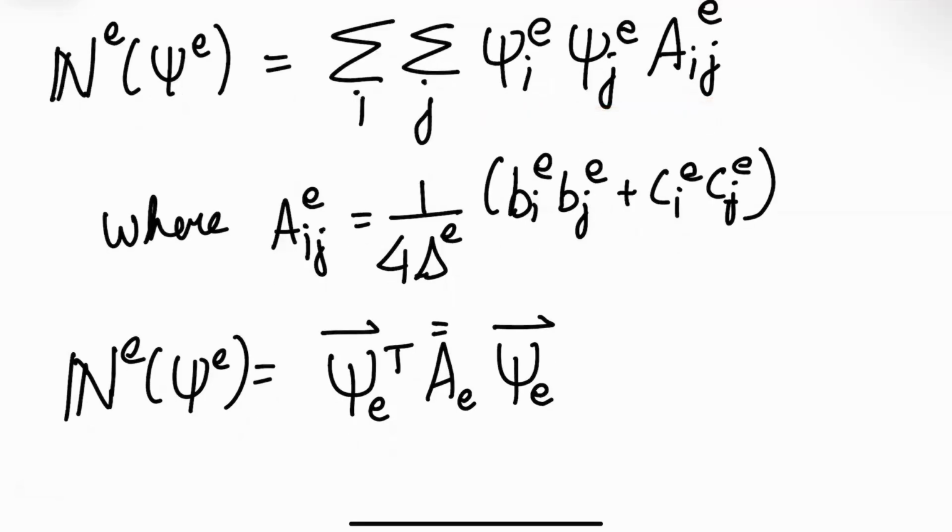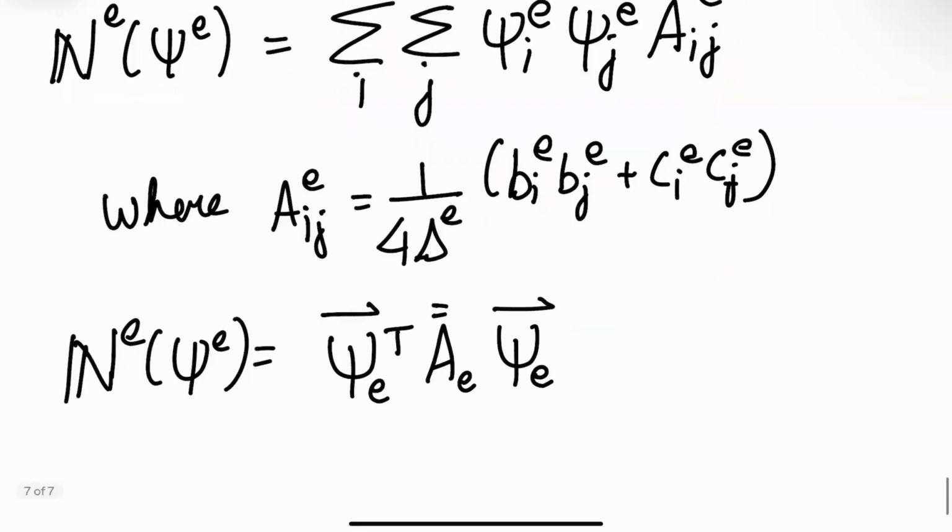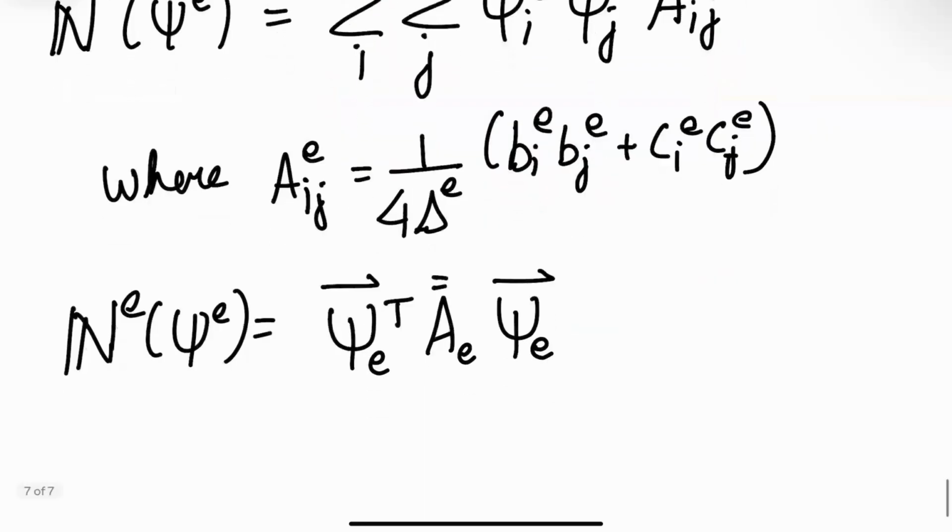So for every element, this is a 3 by 1 vector. This is not 3n by 1. This is 3 by 1. This is also 3 by 1. So 3 by 1 times 3 by 3 is a 3 by 1 vector. And that times 1 by 3 is a scalar. And you get the same scalar if you do this kind of double summation, right? So this is just a representation of this. They're both identical. So if you're familiar with some linear algebra notation, then that's fairly easy to see.